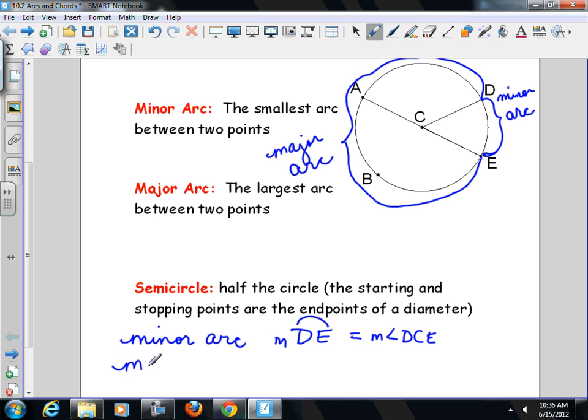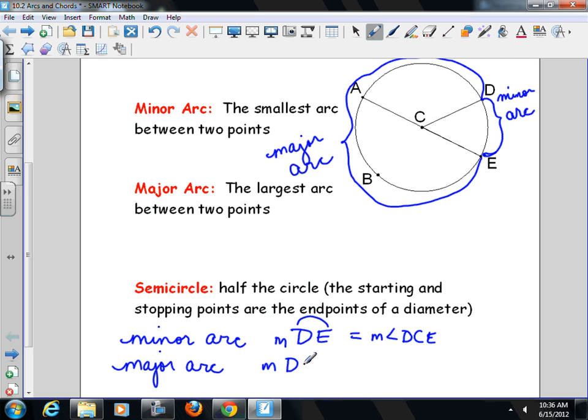Now, a major arc, how do we write that? The major arc that goes from D to E, we would write as the measure of D, then pick another point on the circle between D and E in the major arc.